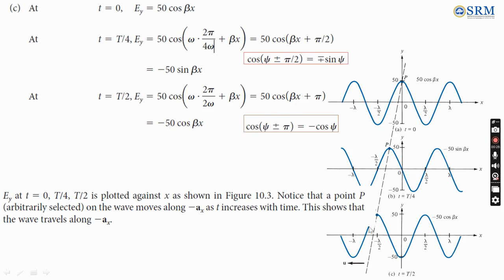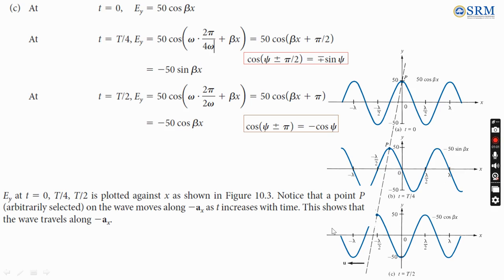At the origin, first it's a positive cosine function, then it turns out to be a negative sinusoidal function, starting in the negative, and again a negative cosine function. So we have to represent the point P at different time periods, 0, T by 4 and T by 2. As we can see, the wave is moving in the negative x-axis.